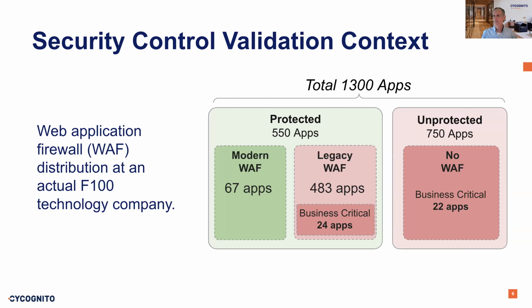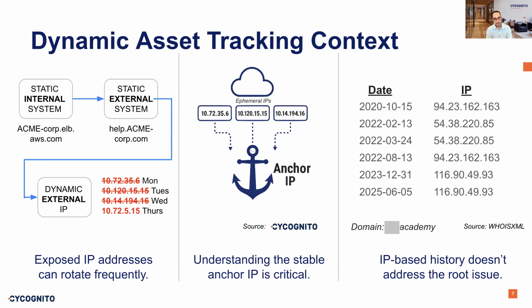Rob, can you talk about the context associated with dynamic assets and their tracking, and what organizations can do about this challenge? Absolutely. If you ran a poll with folks in exposure management and attack surface management, dynamic assets is definitely one of the biggest challenges that people care about and are aware of.